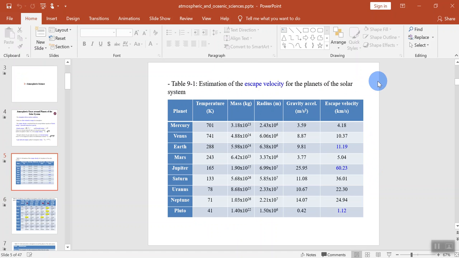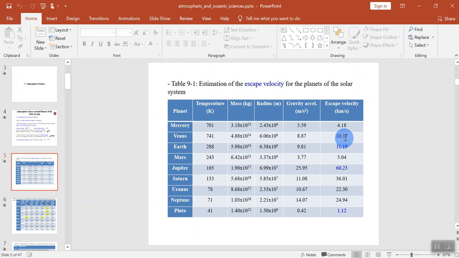So we said that the escape velocity of the various gases around the various planets is the velocity above which a gas would escape the gravity pull of the planet, or below which it would get retained.